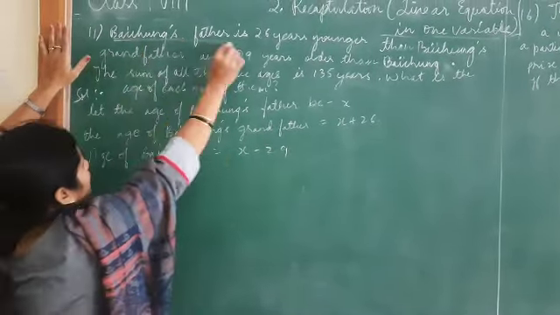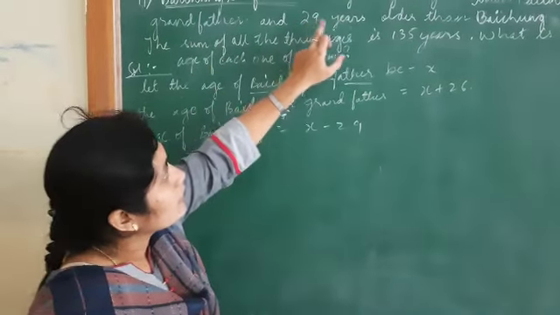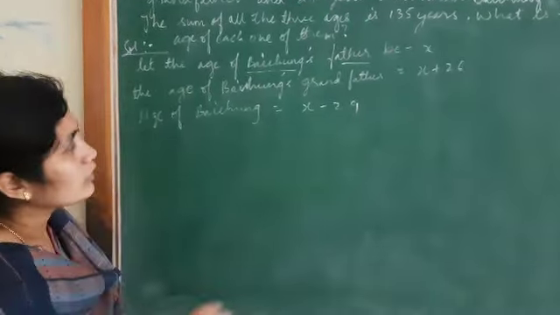And the age of Baichung is x minus 29 because Baichung's father is 29 years older than Baichung. So, here we are taking the reverse. x is the father, he is 29 years older, this means x minus 29.